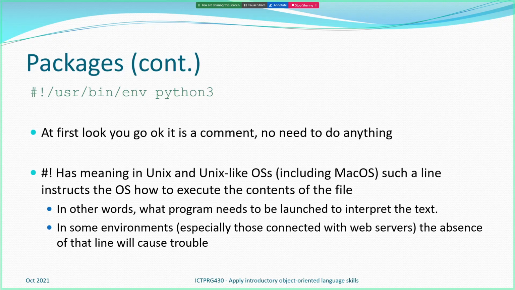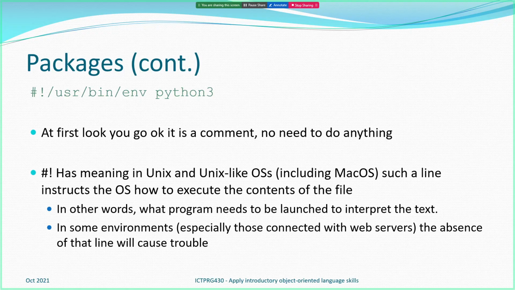Now, if you're not on a Windows machine, this comment may have alternative functions. So if it's derived out of Unix, so that means Linux, Mac OS, it's actually an executable content.